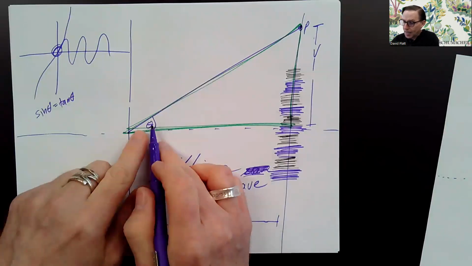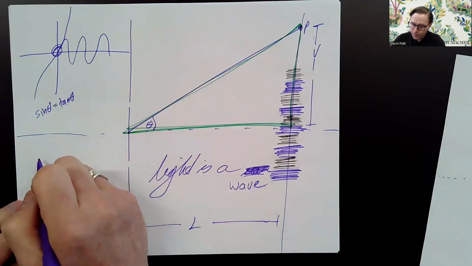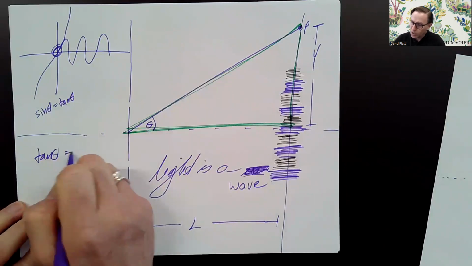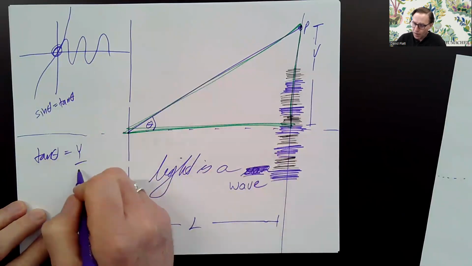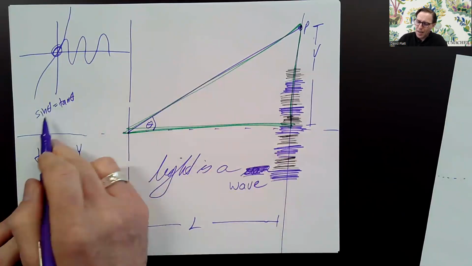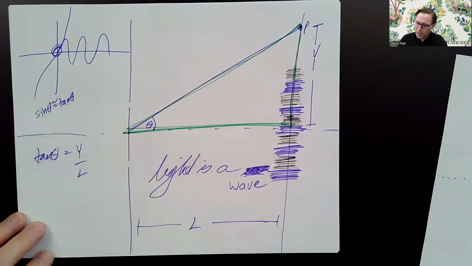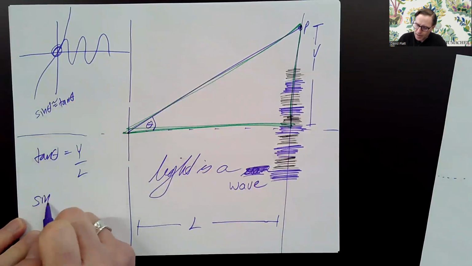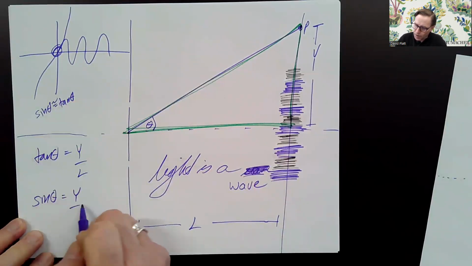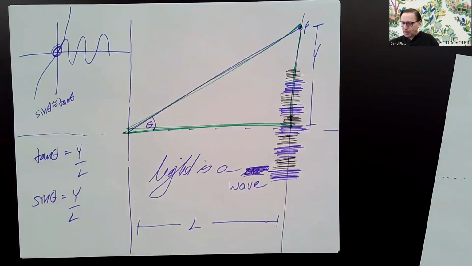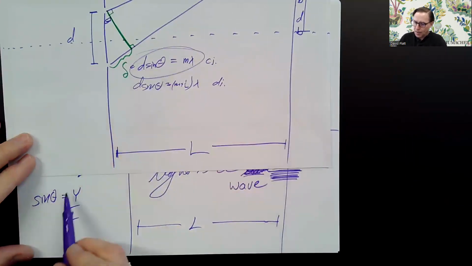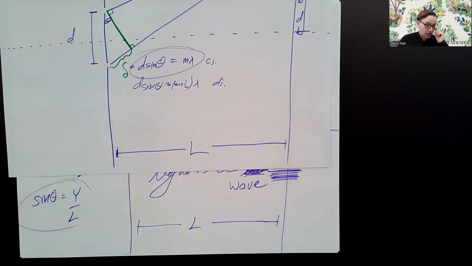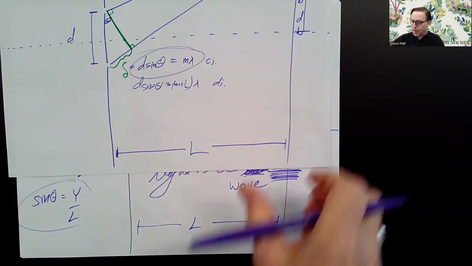And I'm going to say tan theta, tangent is opposite over adjacent, y over L. But since sine theta and tan theta are approximately equal to each other, I can say sine theta equals y over L. And that allows me to combine this equation and this equation, each of which have sine theta in them.